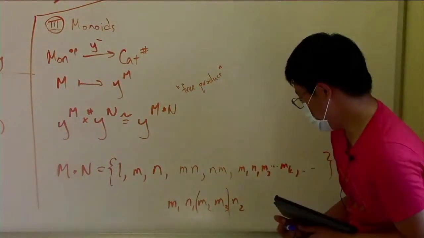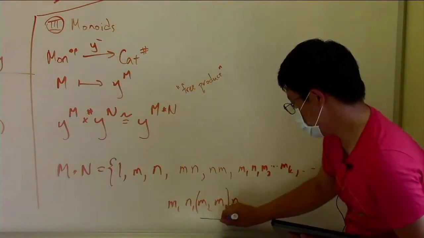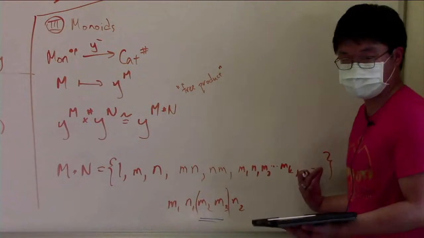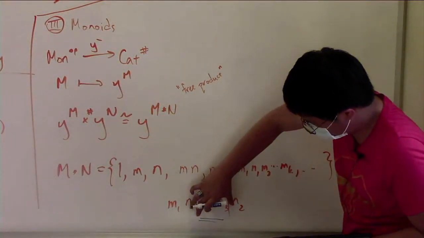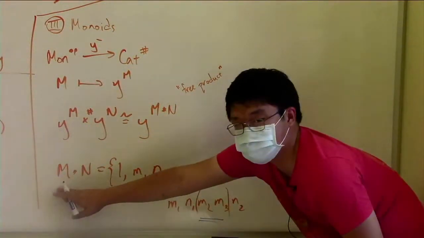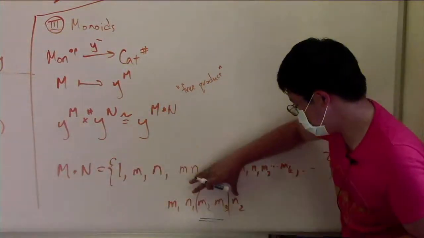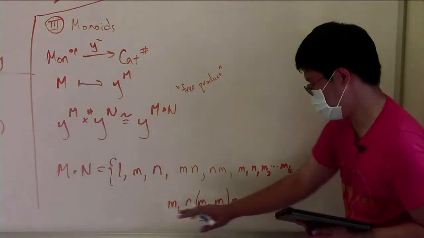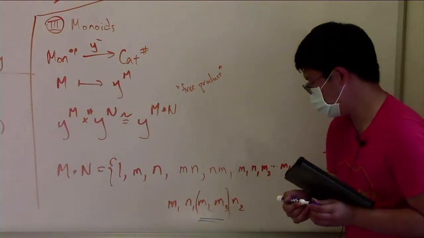And if we end up with two elements of M right next to each other, so this isn't alternating anymore, we can just use the multiplication of M to smush all of these together, and we're going to eventually end up with an alternating product of elements of this monoid.